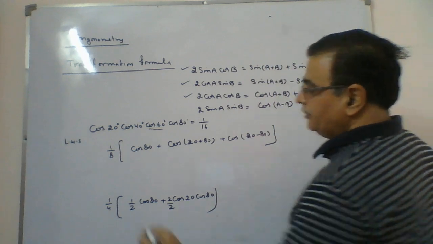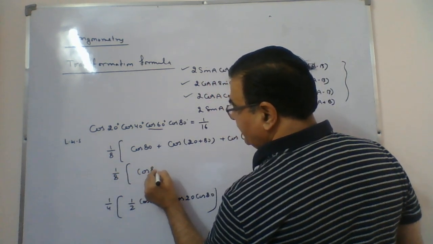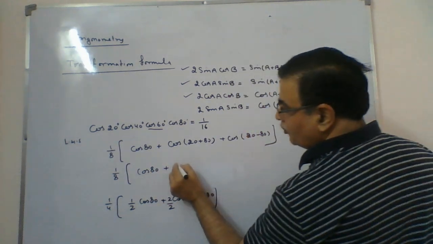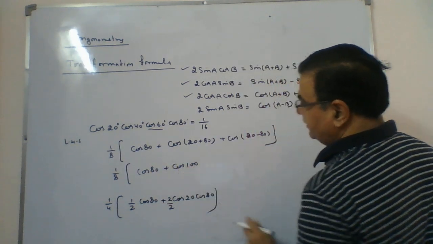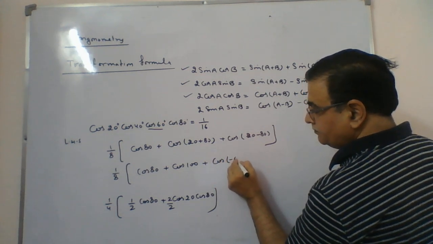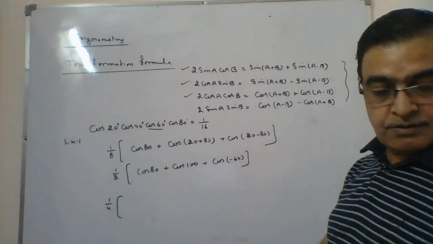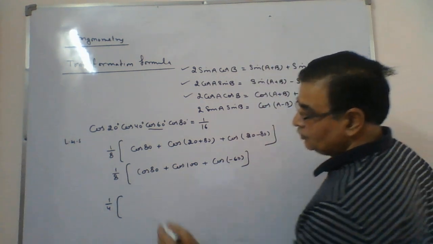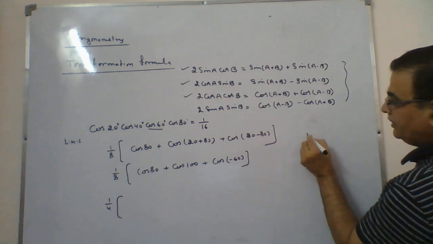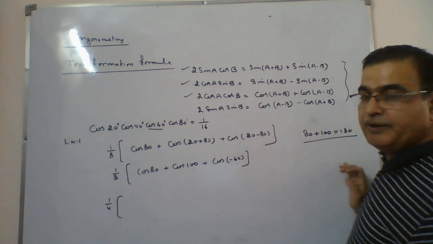Now when you solve it, it will come out to be 1 by 8 cos of 80 plus cos of 100, and this is cos of minus 60. Cos of minus theta is clearly cos theta. One more thing, 80 plus 100 comes out to be 180, so they are supplementary angles.